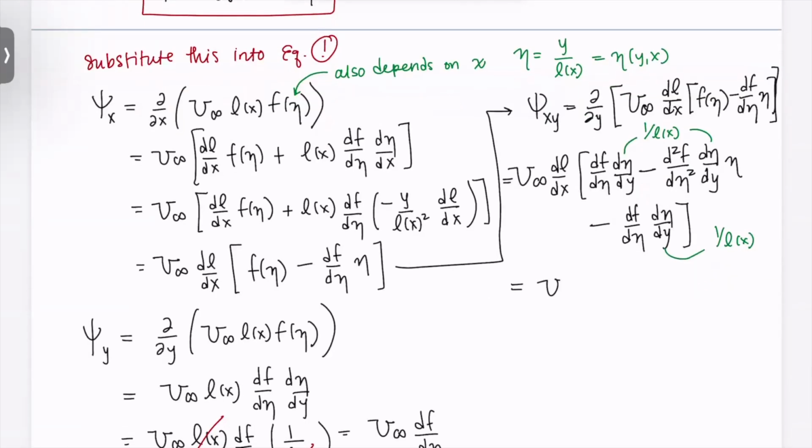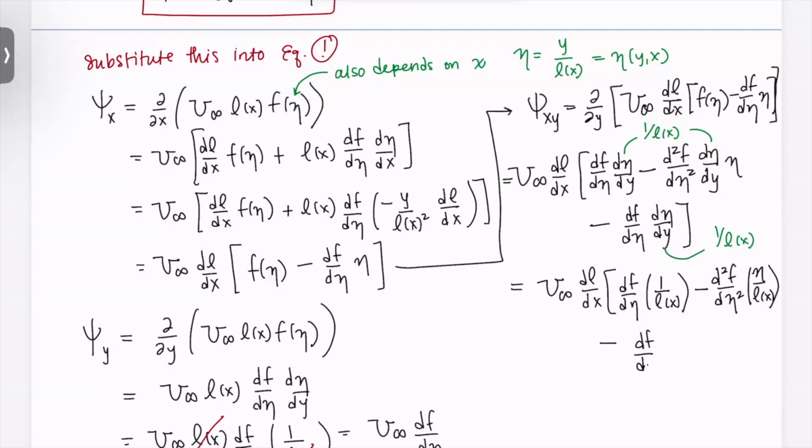So we have u infinity dL/dx times df d eta times 1 over L of x, minus the second derivative of f with respect to eta over L of x, minus first derivative with respect to eta of f times 1 over L of x.